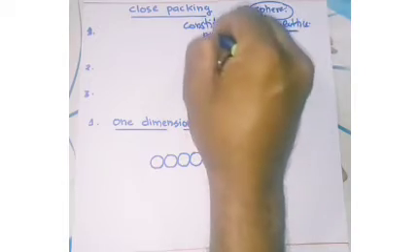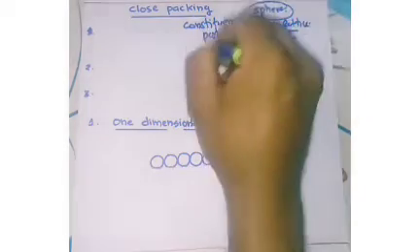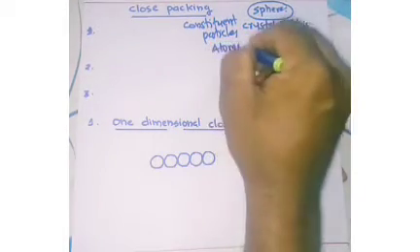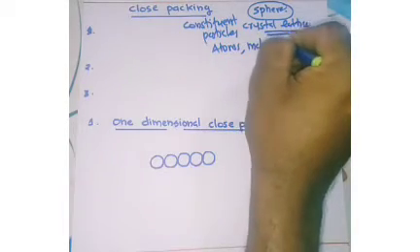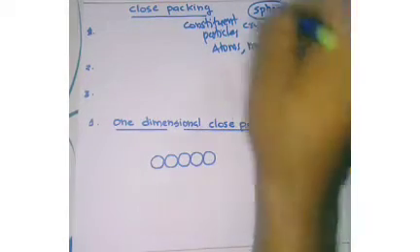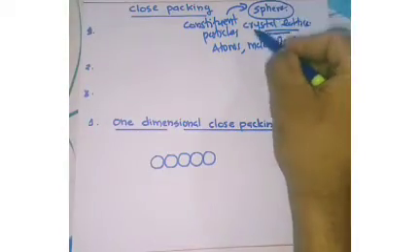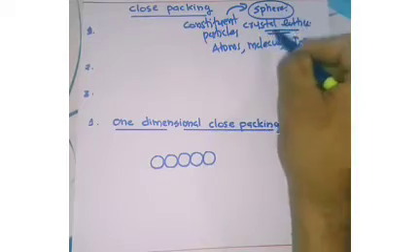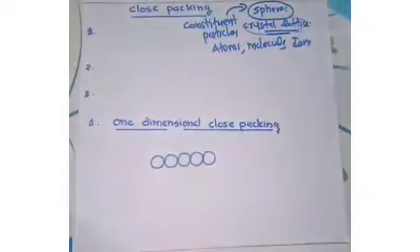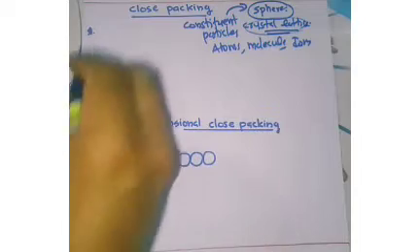Constituent particles means atoms, molecules or ions. Here we consider them as hard spheres. Okay, hard spheres. Then the arrangement of these spheres in a crystal lattice is called close packing. Then what are the different types of close packing?